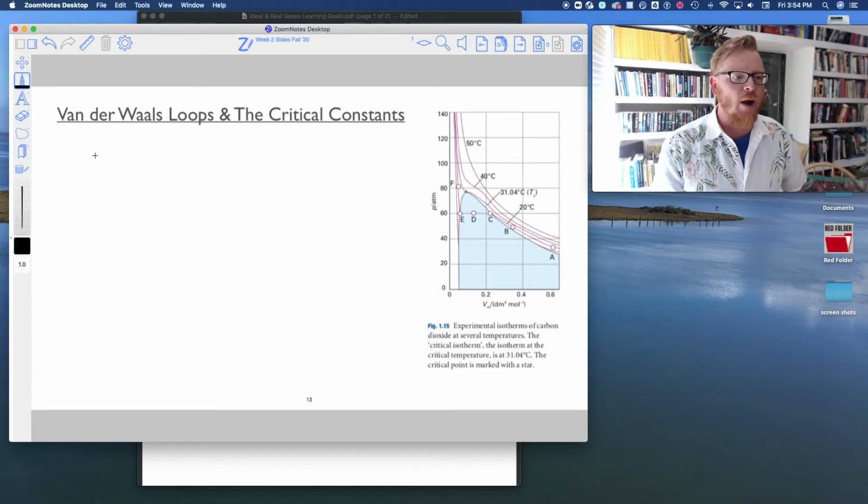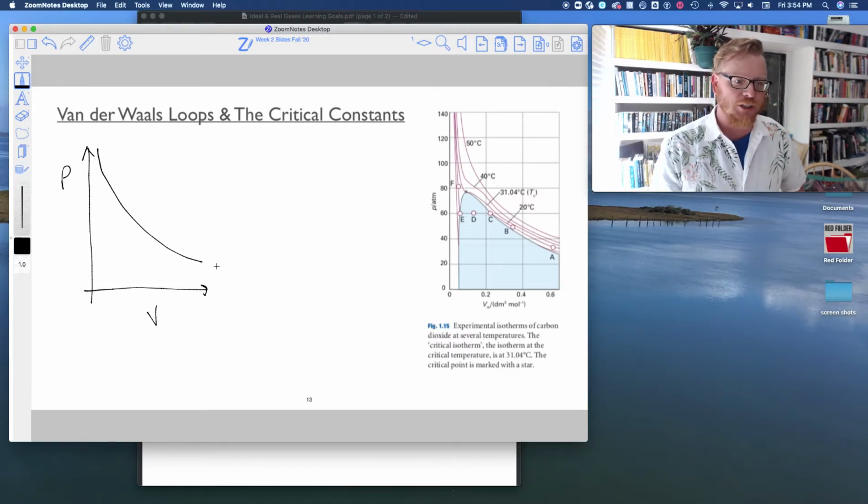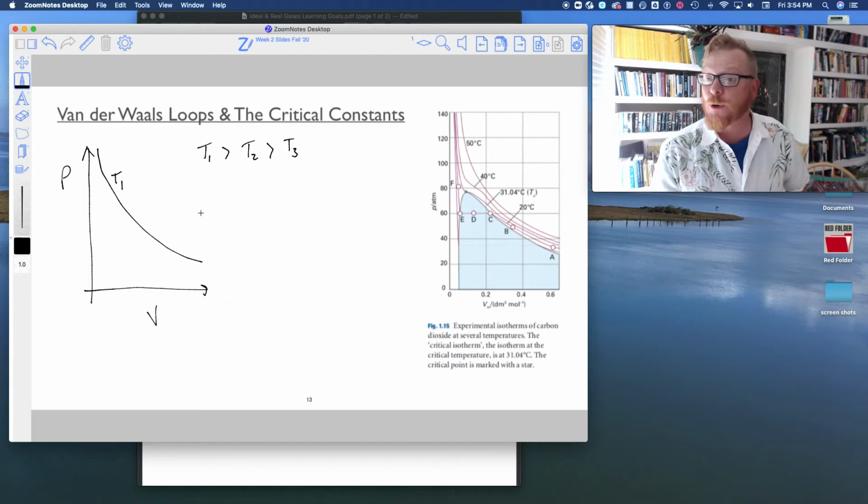So I'll just remind you, our simple Boyle's law: if we look at P versus V, we know that's an inverse relationship, so it looks something like this. And if I define a bunch of temperatures, T1, which is greater than T2, which is greater than T3, perhaps this would be the isotherm at T1.